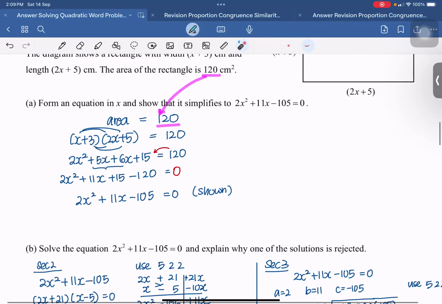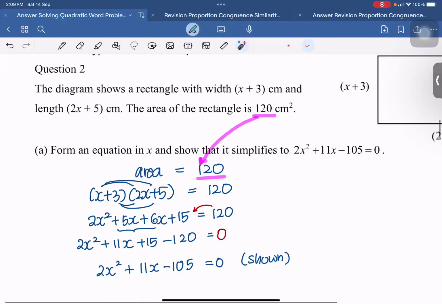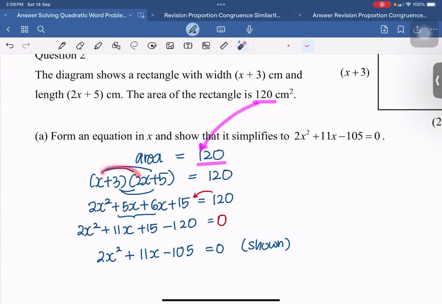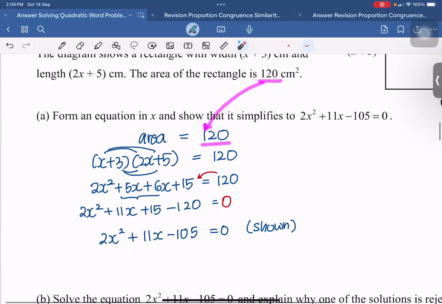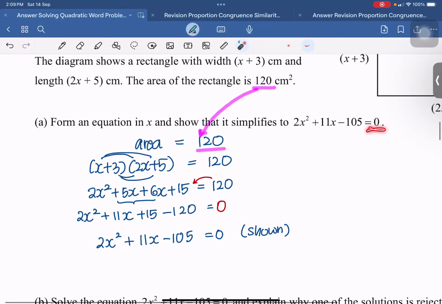So area equals to, question number 2, area equals to length times breadth. So I expand out x times 2x to 2x squared, x times 5, 5x, 3 times 2x, 6x, and 15. Now we want to get the equation to be equals to 0. So what do we do with 120?